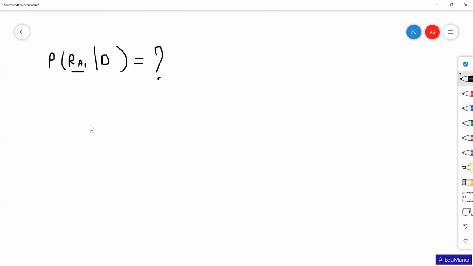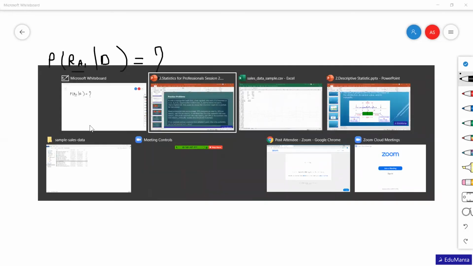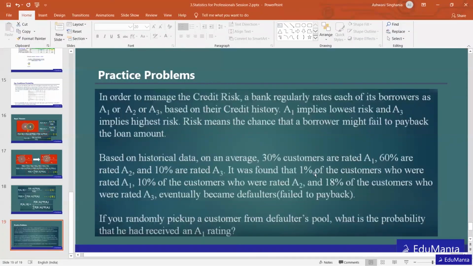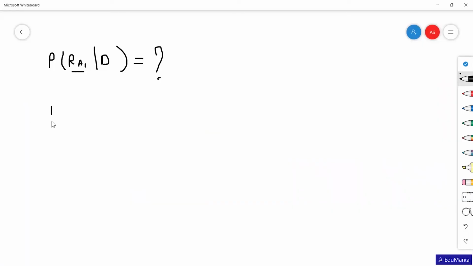And apart from that, what is already given is that 1% of the customers who were rated A1 default. In other words, what we have been given here is the probability of defaulting when a person belongs to the A1 category. This is given, that is 1%, 0.01, right?